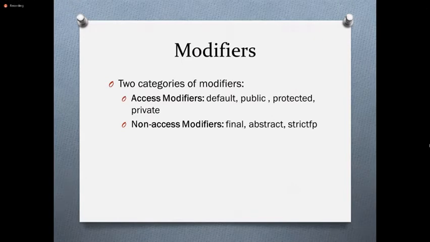Then we'll have the modifiers. In Java, there are two categories of modifiers. One is called access modifiers and the other is called non-access modifiers. The access modifier can take the form of default, public, protected, private.